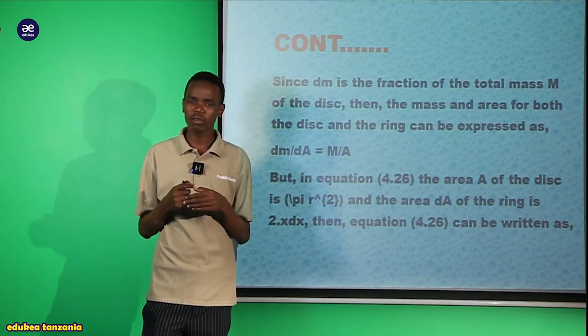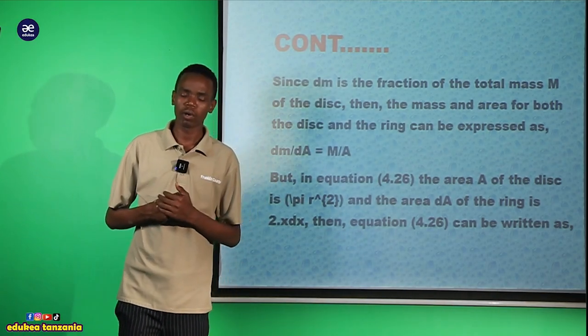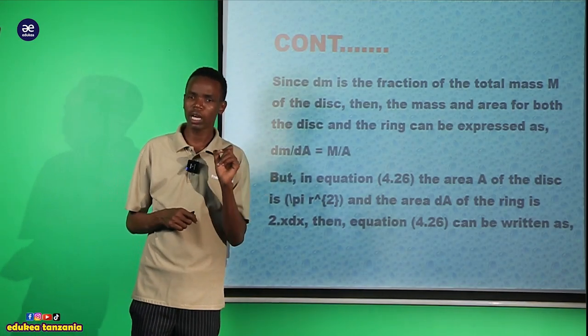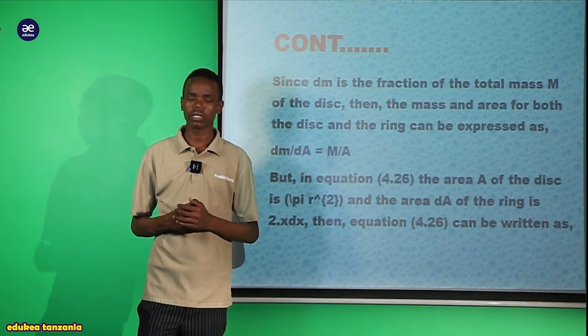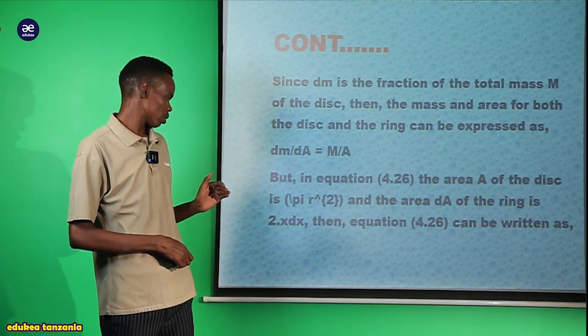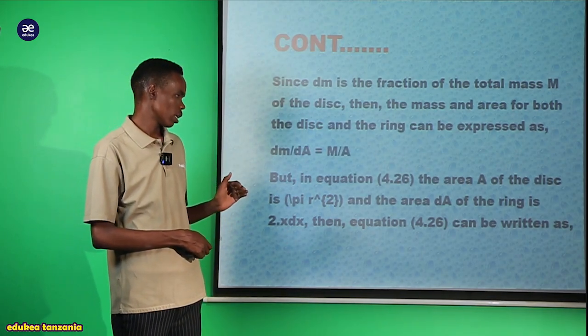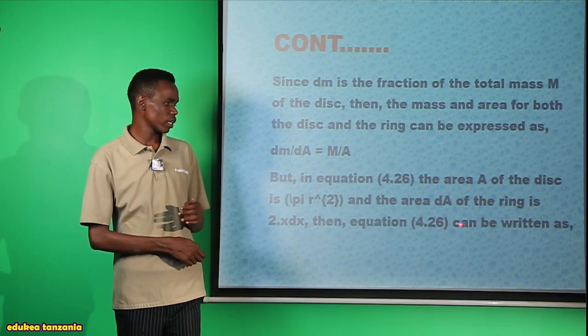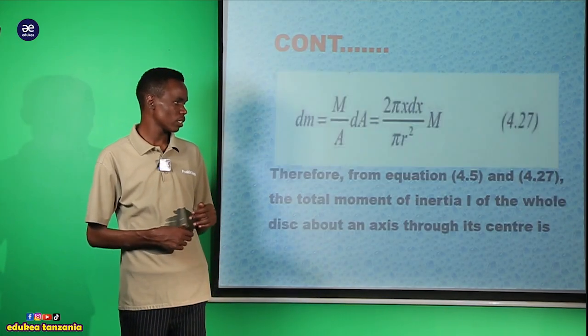If we differentiate with respect to x, we could say that the small change of the area must be equal to 2 pi x, then must be equal to 2 pi x times the distance dx. Then equation 26 here can be written as this one.